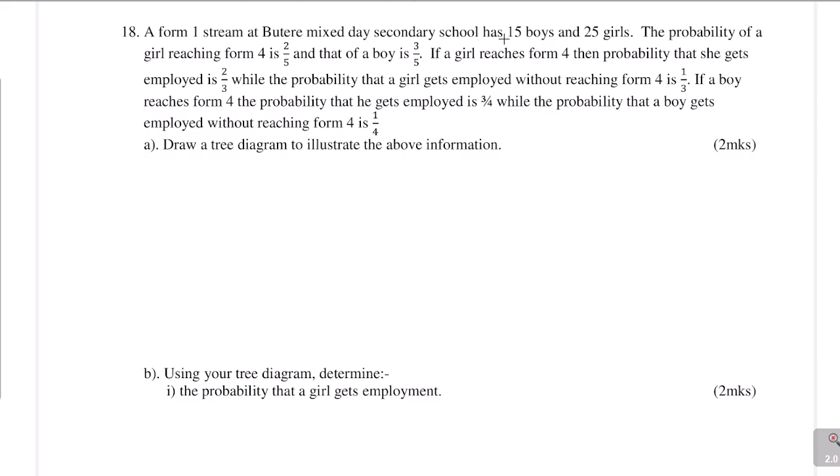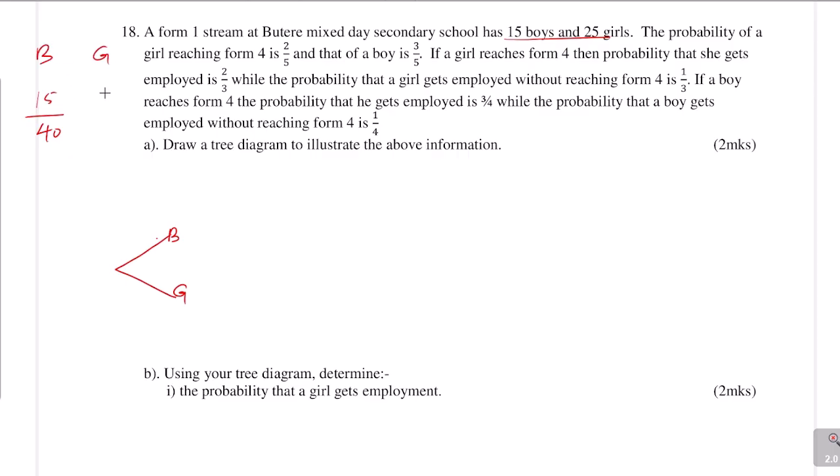In this school there are 15 boys and 25 girls. So for the first branch, we have boy, girl. Since there are 15 boys and 25 girls, the probability of picking a boy will be 15 divided by the total, 15 plus 25, that is 40.